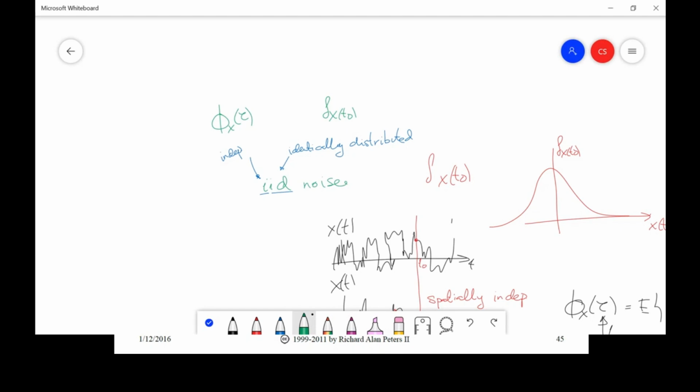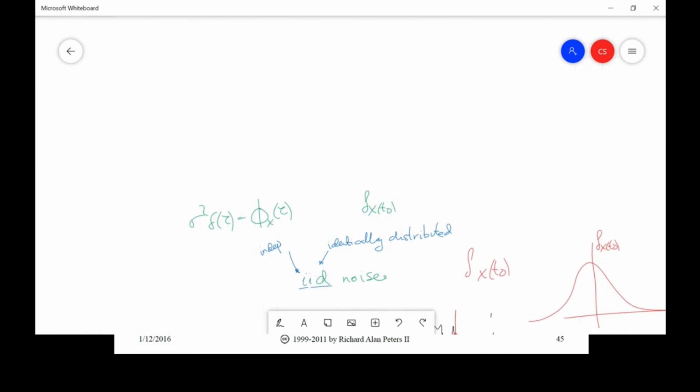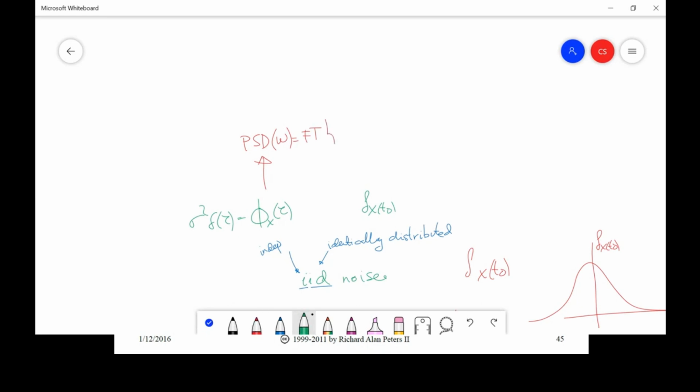And now comes my comment. Okay, so let's say that they are independent. If they are independent, then the autocorrelation is sigma squared delta of tau. We define the power spectrum at a given frequency as the Fourier transform of the autocorrelation.